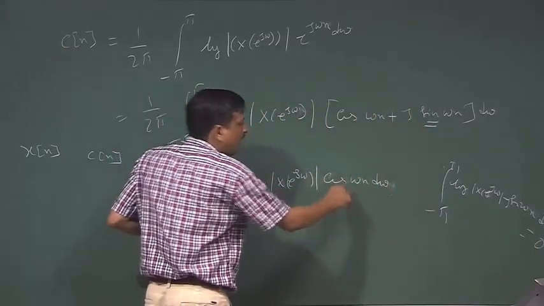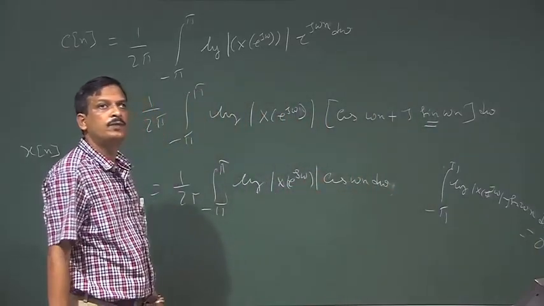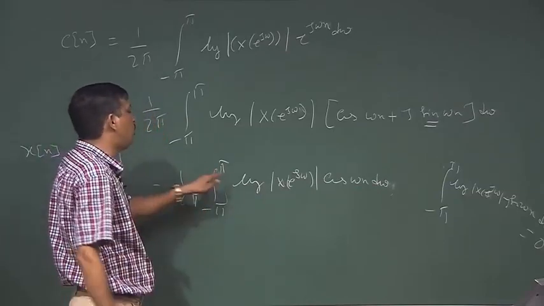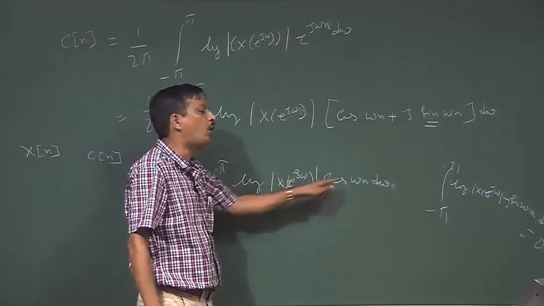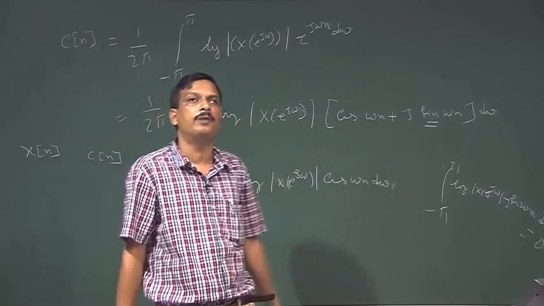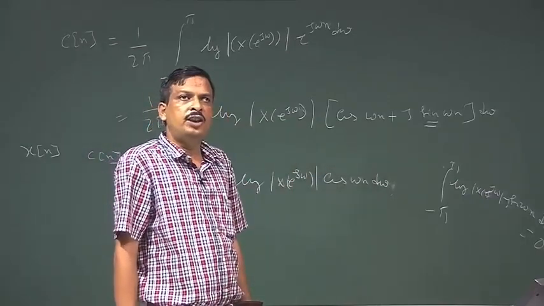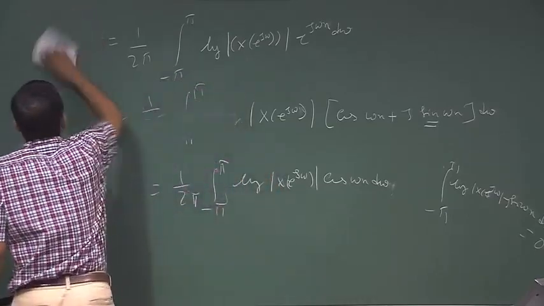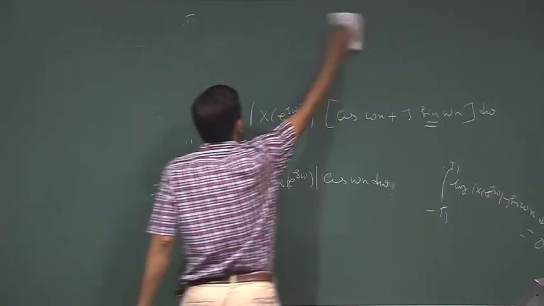So, only the even part exists. So, Cn is equal to 1 by 2 pi, minus pi to pi, log of mod x e to the power j omega cos omega n d omega. This is the proof.